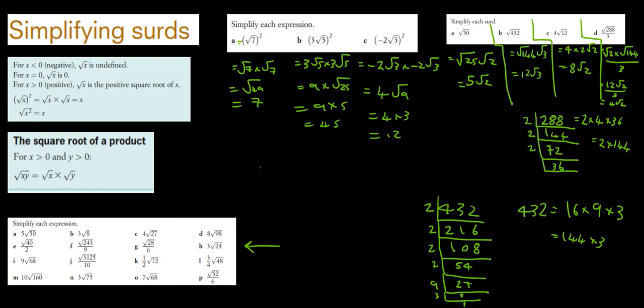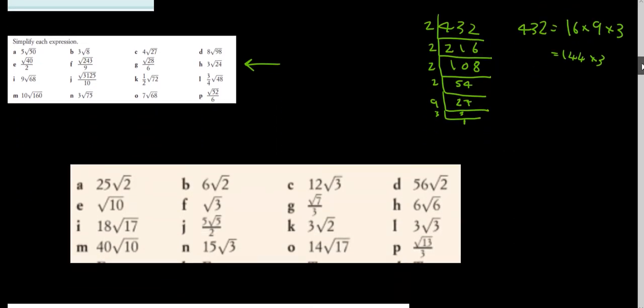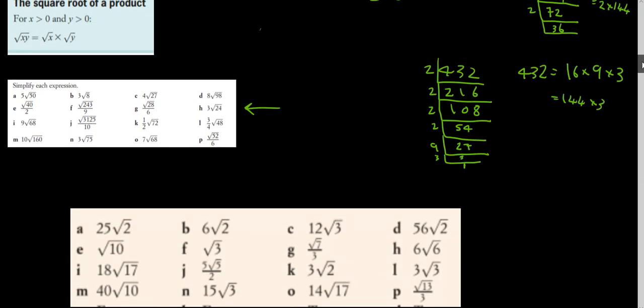Okay, so hopefully you've done that now. So let's have a look at the answers. The answers are here. So mark your work, and I will do 2 difficult ones. Let's have a look.